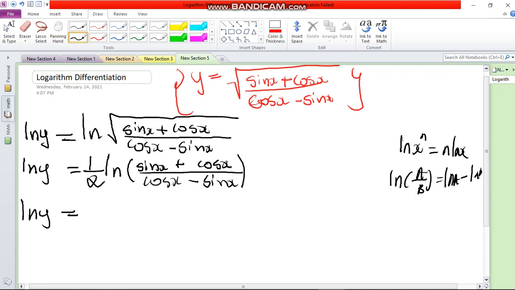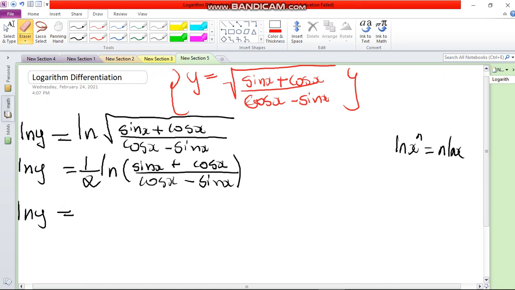Maybe I should write it clear because this is important. If you have ln a over b, this is ln a minus ln b. In this case, my numerator is a and this is b.